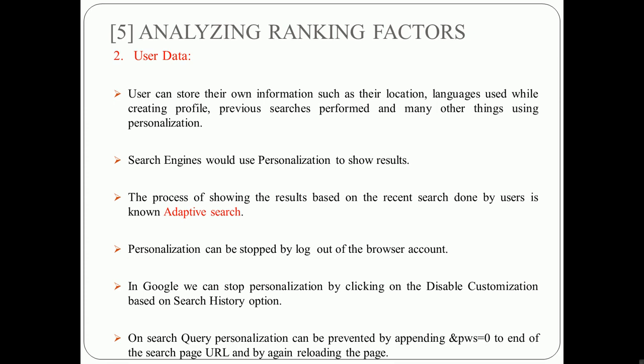In Google, we can stop personalization by clicking the option to disable customization based on search history. If you do not require it, you can go to the history page option and disable the customization, then it will not display customized links to the user. On a search query, personalization can be prevented by appending pws=0 to the end of the search page URL and reloading the page.